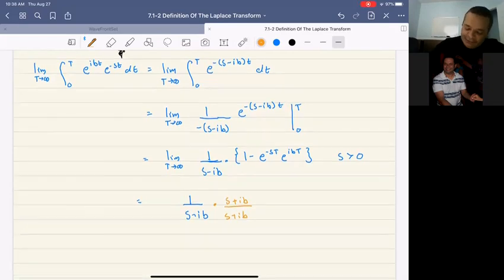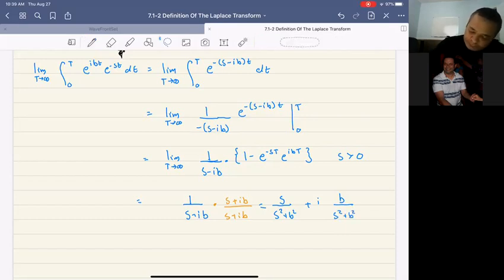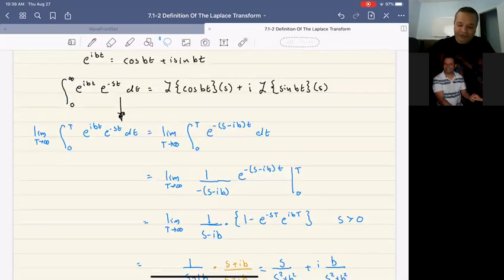We're going to get s over s squared plus b squared plus ib over s squared plus b squared. And we've got it.